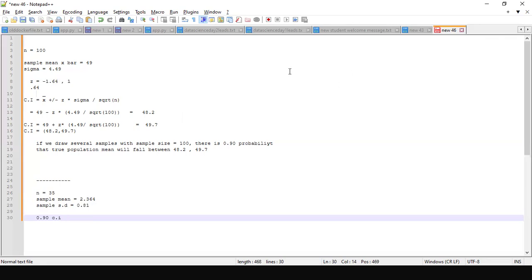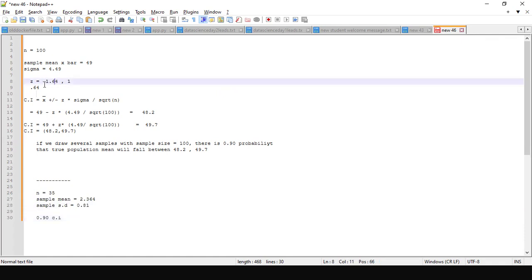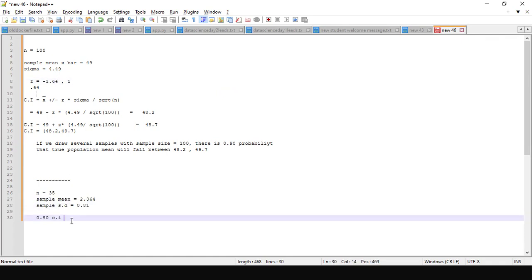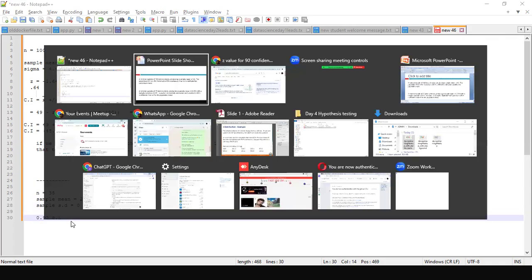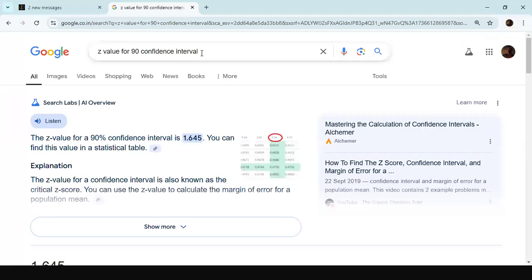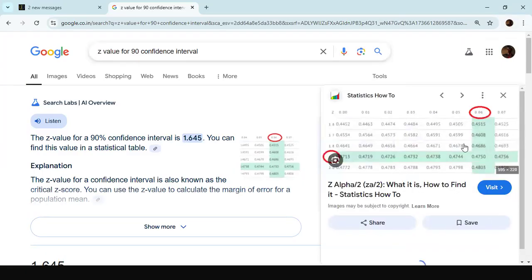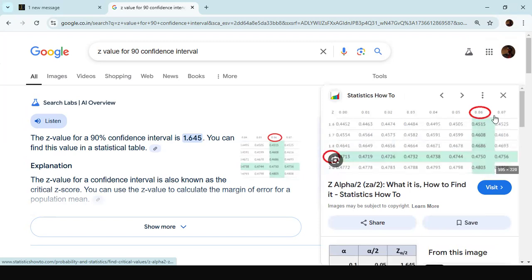Same as this one. For 0.90, Z value is 1.64. Did I check that way? Z value for 90 confidence interval. Okay, this is the one. So this is how you need to look up the table. The table is also given, right?